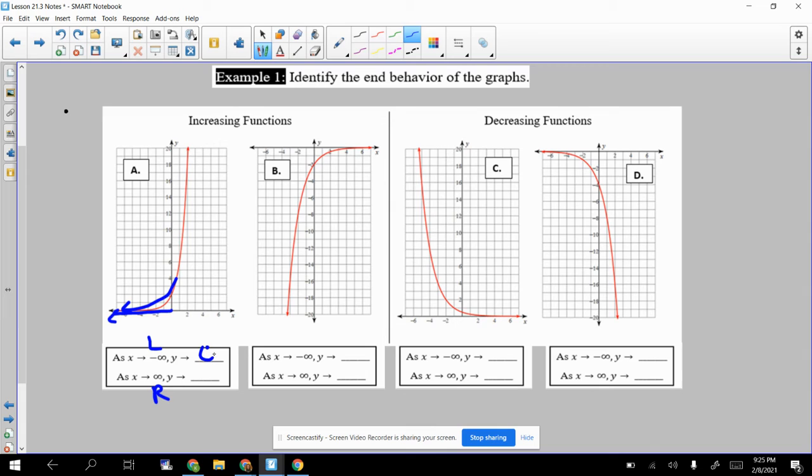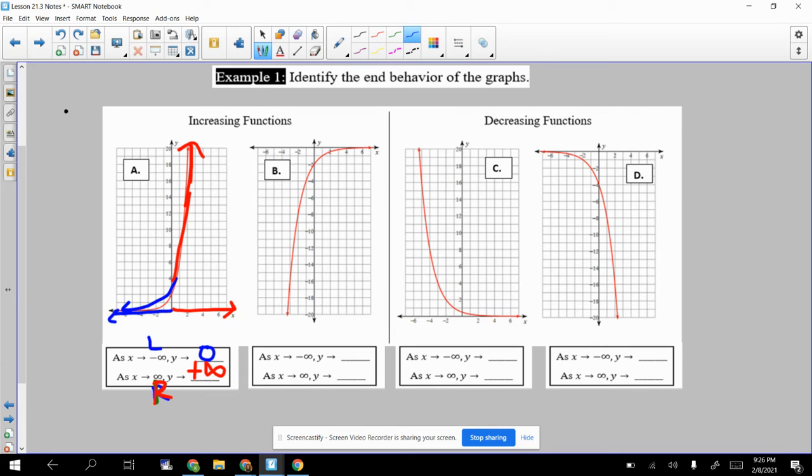So we would say y is approaching 0. Then as we move to the right, what's happening to your graph? Well, that's going up towards positive infinity.